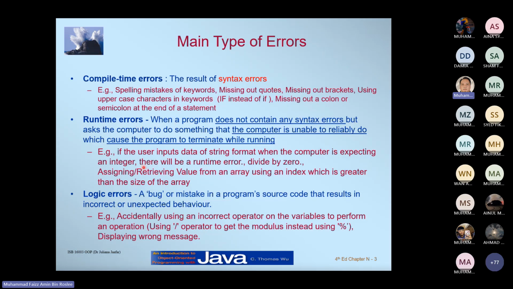The last, the third one, is the logic error. We call it a bug or mistake in program source code that results in incorrect or unexpected behavior. For example, when you write your program, you accidentally use an incorrect operator on the variable to perform an operation, for example using a divide operator instead of the percentage operator to get a modulus.